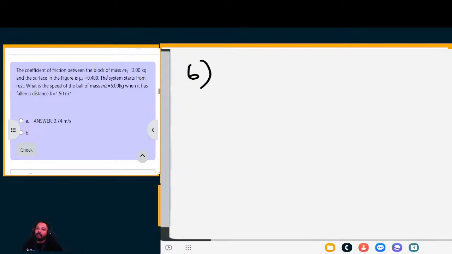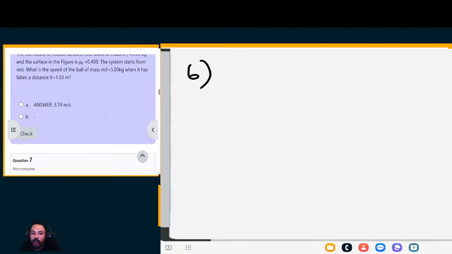Now they tell us further that the system starts from rest. What is the speed of the ball of mass m2 equals 5 kilograms when it has fallen a distance of 1.5 meters? So this is basically the setup that we have.